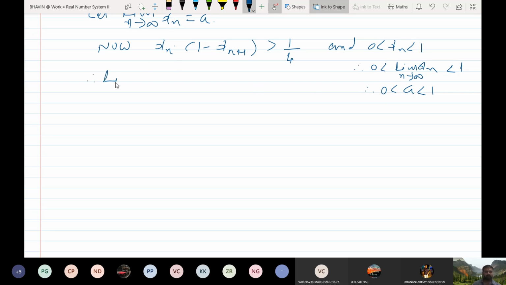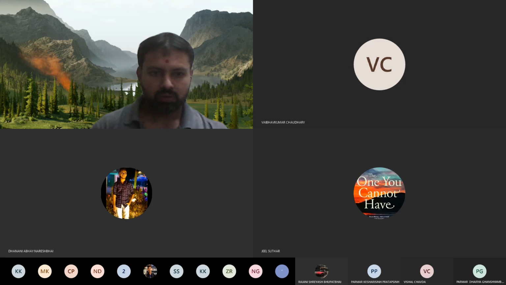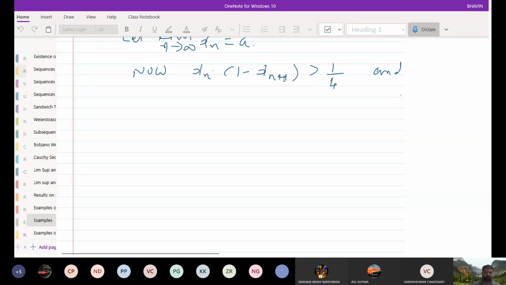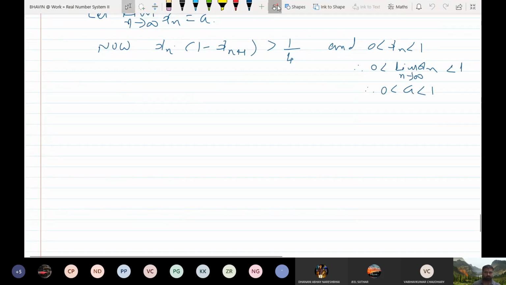Now by taking limit n tends to infinity, what do you get? Limit n tends to infinity of xn into 1 minus xn plus 1 is also bigger than 1 by 4.